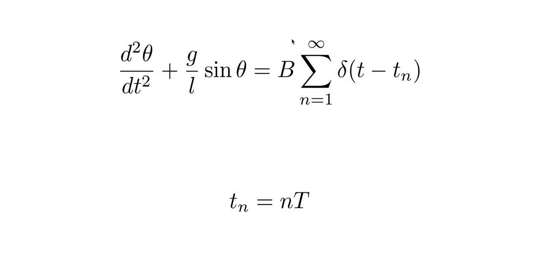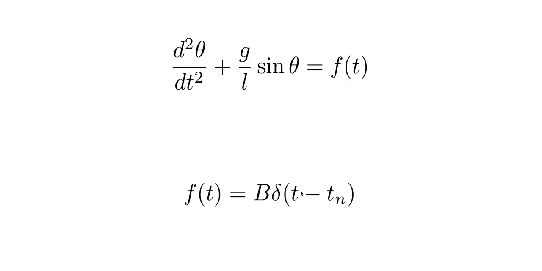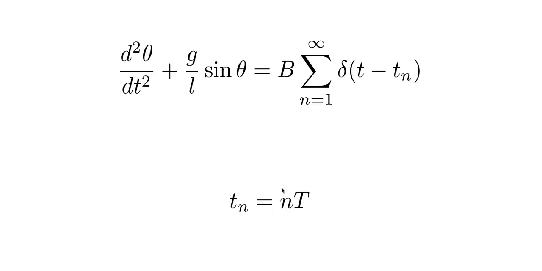So this driving factor becomes, let's say, a periodic function. F of t becomes periodic. And what does that mean?